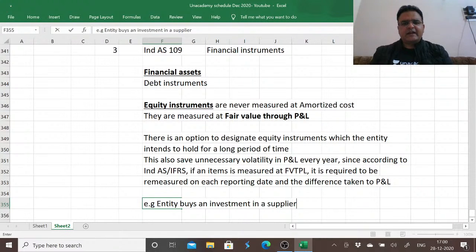So we can designate, now there is an irrevocable option available.